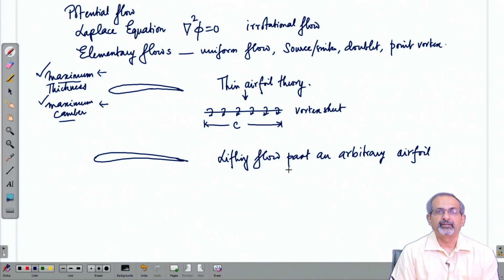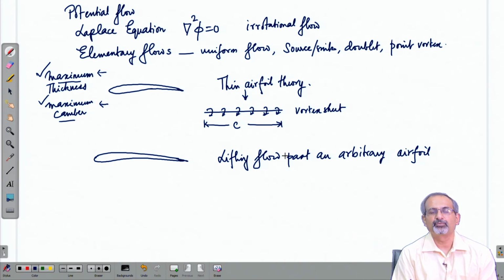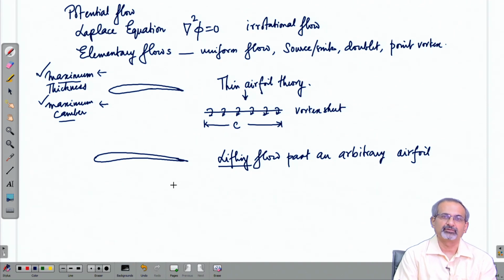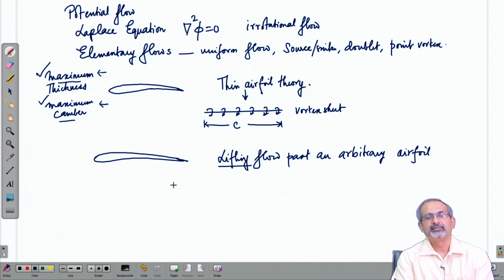It could be a cambered airfoil, and even if you look at 0° angle of attack flow past an airfoil of that kind, you will have a lifting flow. And of course, at an angle of attack, unless it is a zero lift angle of attack, that airfoil will continue to generate lift at other angles also. The same is the case for symmetric airfoils also, if alpha is not equal to 0°.